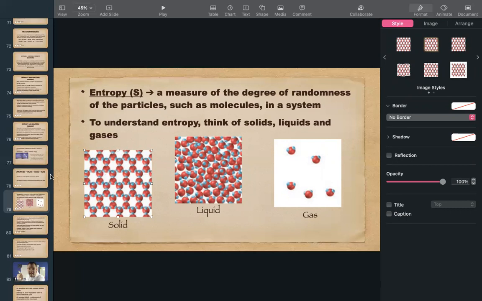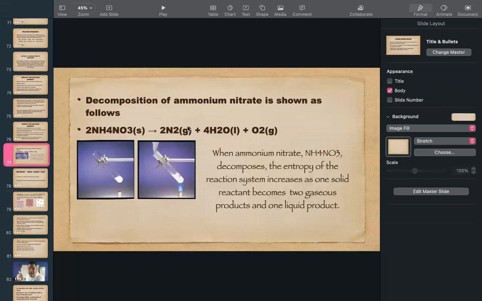Now let's put it in terms of a bit more chemistry and look at a reaction, and how this relates to entropy. So here's a reaction where we have ammonium nitrate, which decomposes with heat to form nitrogen gas, liquid water, and oxygen gas. Looking at this equation, there's a couple of ways to do this. First of all, on the left-hand side, you have a substance in the solid state, which decomposes into three separate substances, two of which are in a gaseous state and one of which is a liquid.